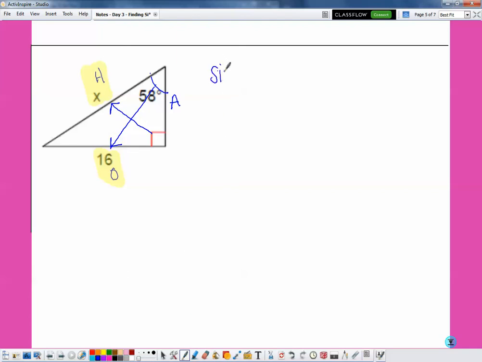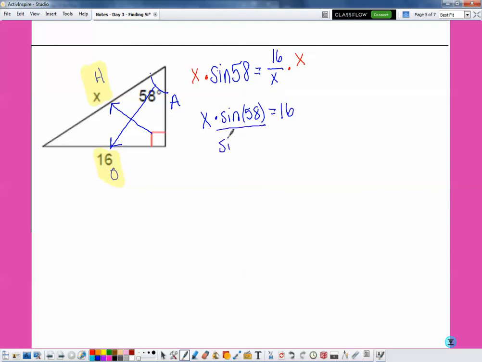So sine of 58 equals 16 over x. Get the x out of the denominator. X times sine of 58 equals 16 because the x's would cancel out.